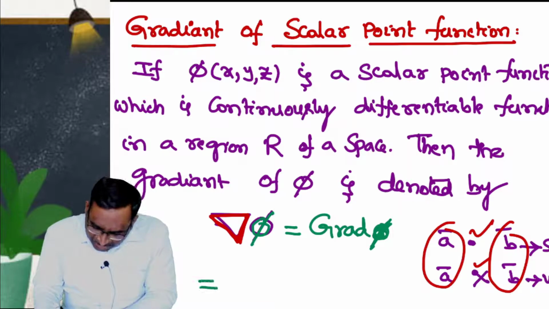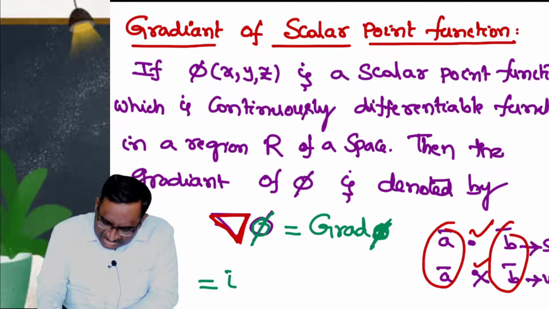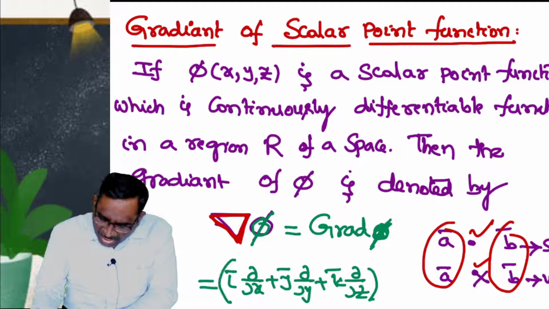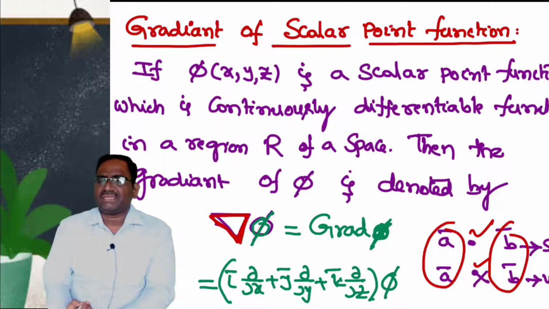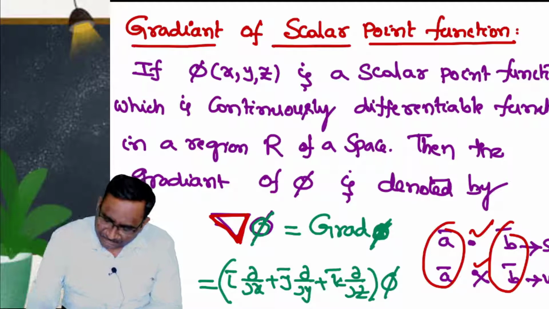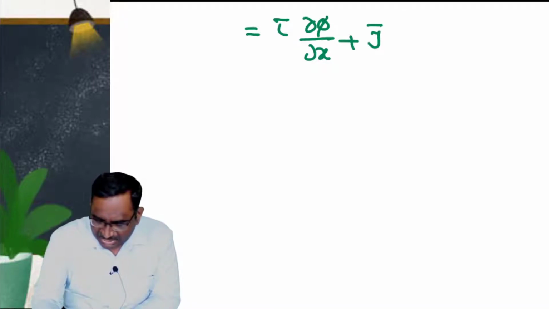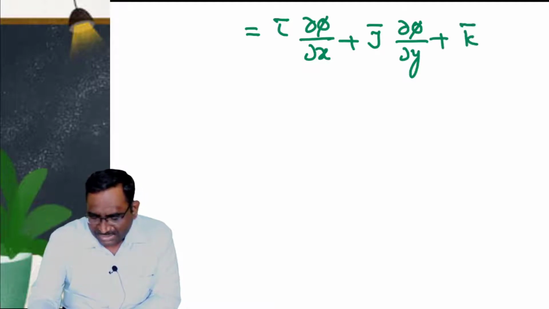It is defined as del, which means i bar dou over dou x, j bar dou over dou y, k bar dou over dou z. I am applying this operator on a scalar point function phi. So it becomes i bar dou phi over dou x plus j bar dou phi over dou y plus k bar dou phi over dou z.